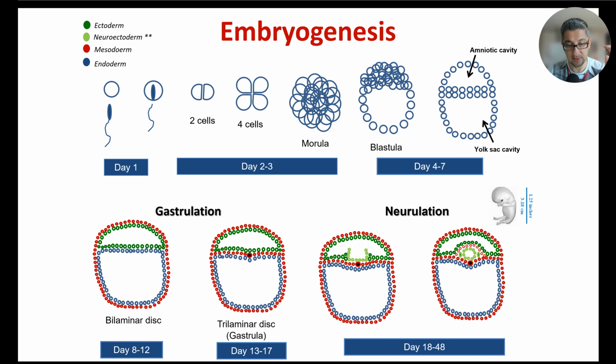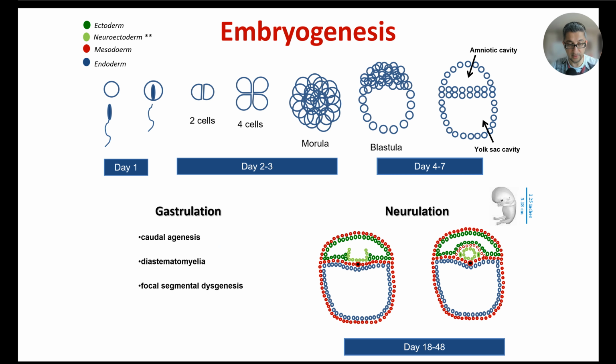So when there is something wrong, a severe anomaly occurs during gastrulation. The anomalies in neurulation are less severe compared to gastrulation, such as caudal agenesis, diastematomyelia, and focal segmental dysgenesis.